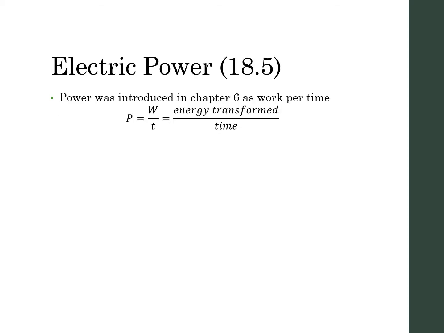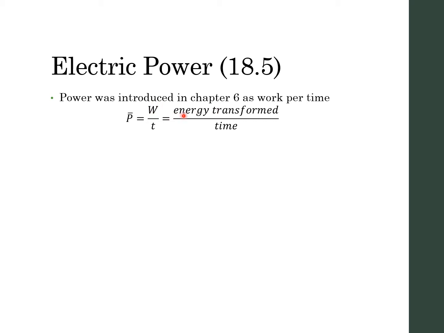So power was introduced for the first time in this sequence in chapter 6. And when power was introduced, this equation was used. It was the average power was equal to the work per time. Here we know work and energy are related to each other, where work is a change in kinetic or potential energy.